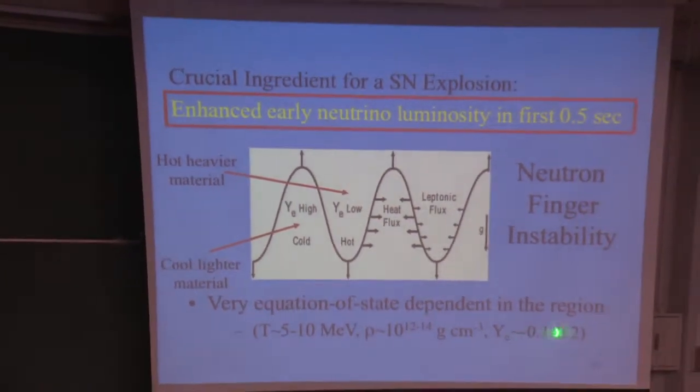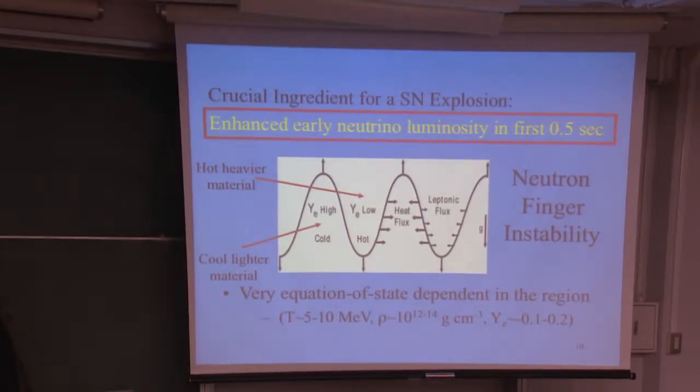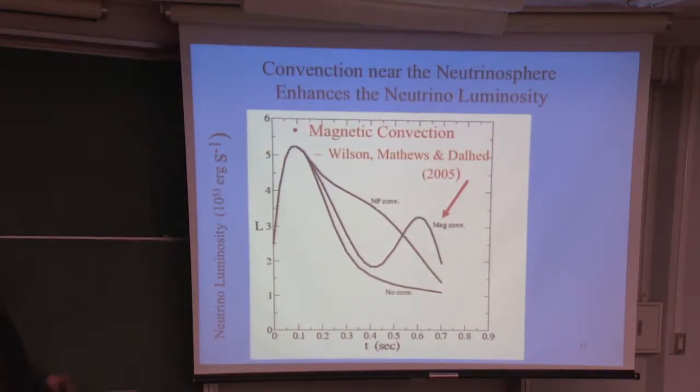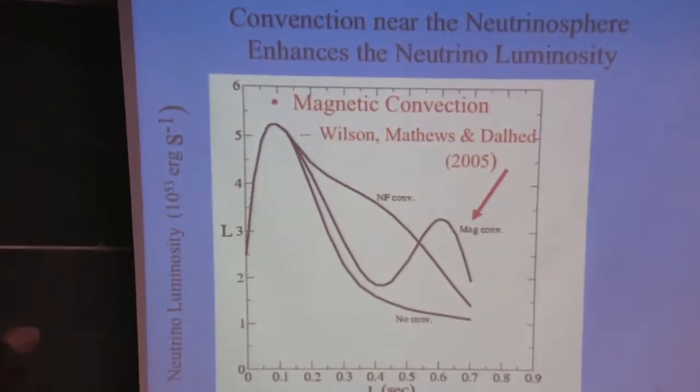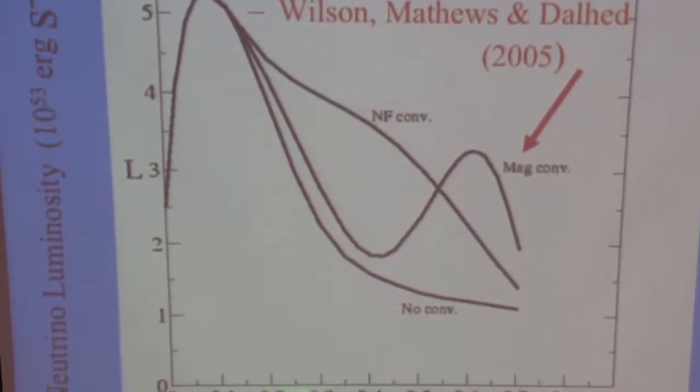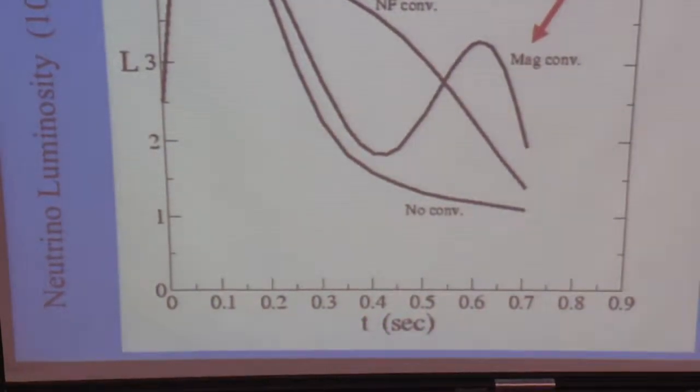It's very dependent upon the equation of state, and I'll show you the details we have to go through to get it right. And it's also controversial because not every equation of state does this. This was a paper we did a number of years ago just to show how important this is. This is the neutrino luminosity versus time for the first 500 milliseconds.